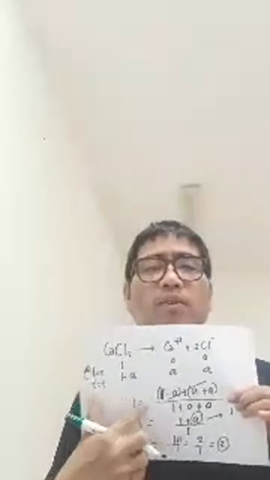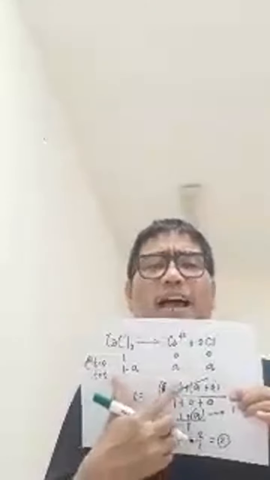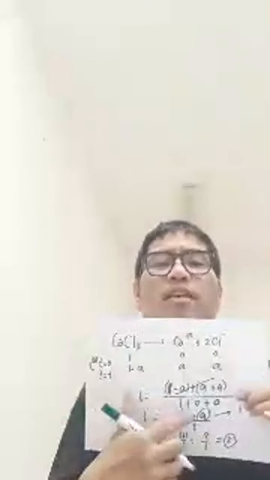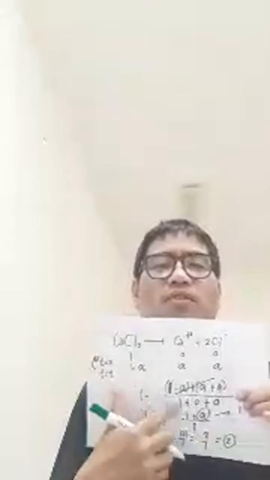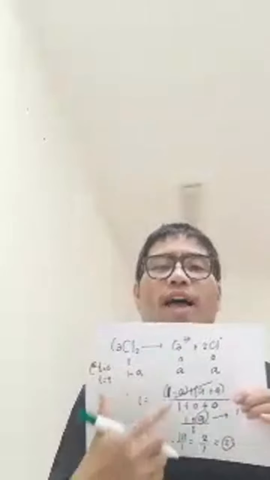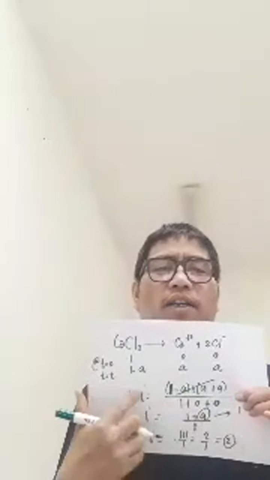i is equal to the total number of species after dissociation at time t over the total number of species before dissociation, sorry, this denominator. So after divided by before dissociation is equal to i.